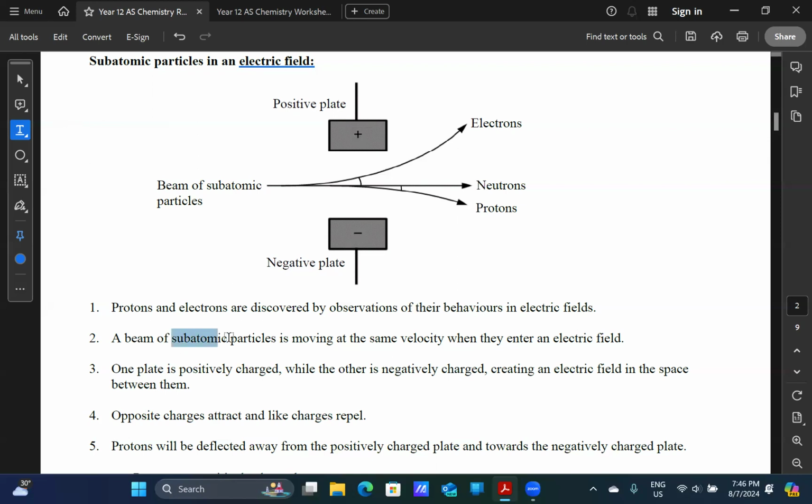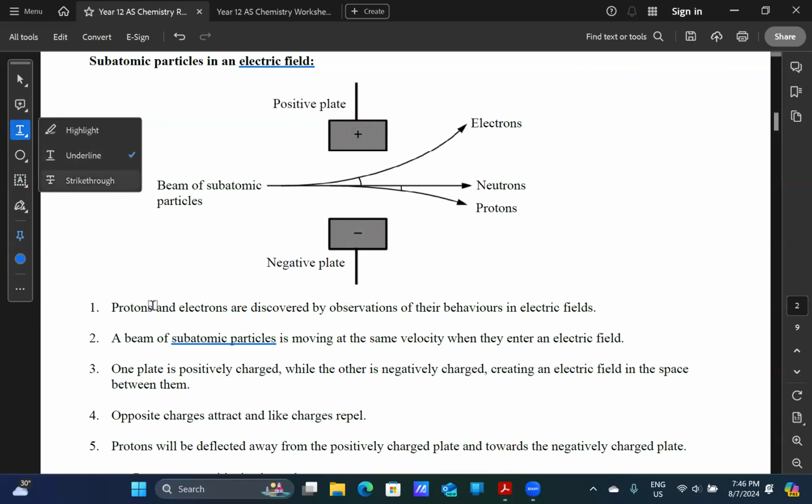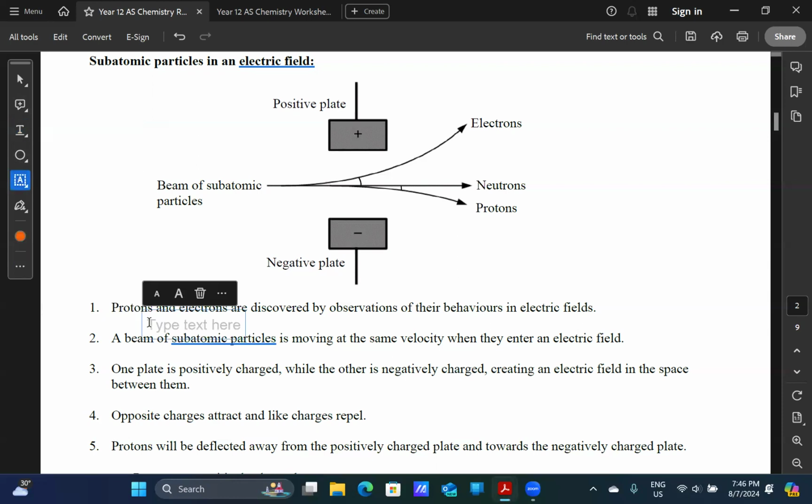As I mentioned earlier, subatomic particles actually refer to proton, electron, and also neutron. The beam consists of these three subatomic particles, and please highlight the important part here.